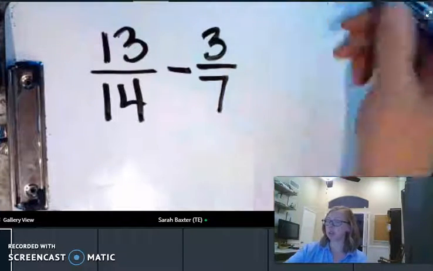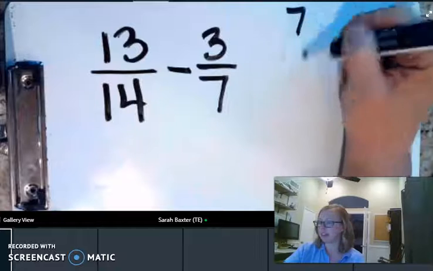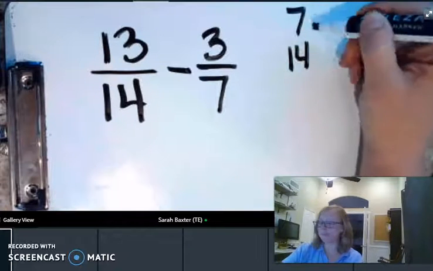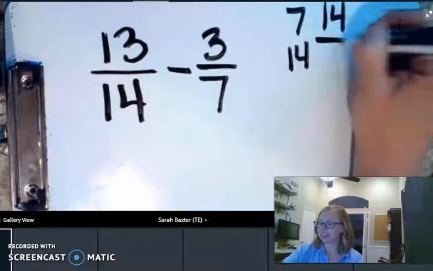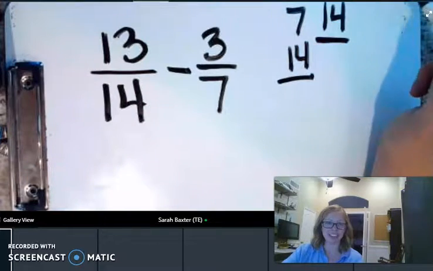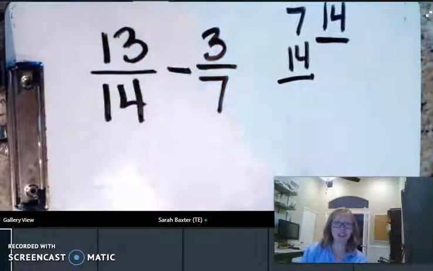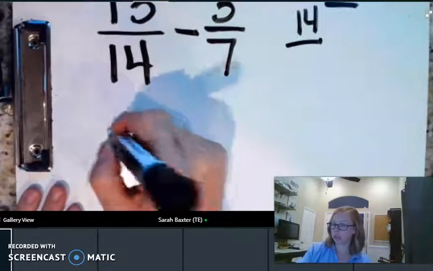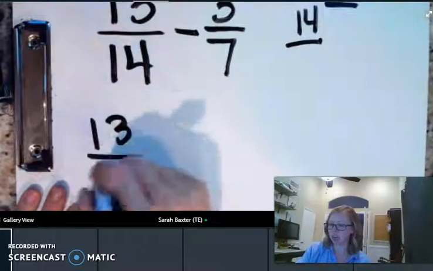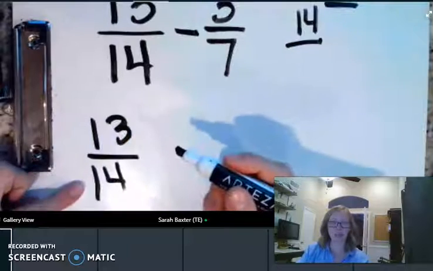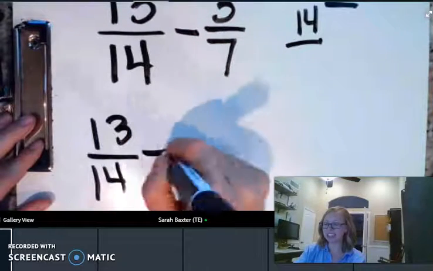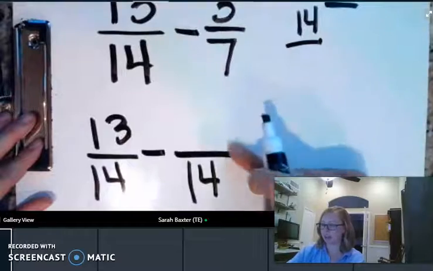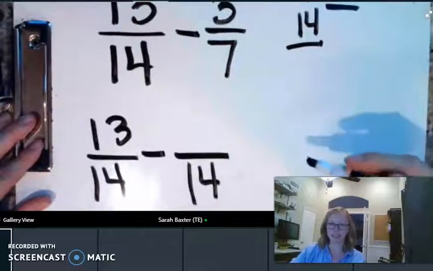I'm going to think about my multiples of 7 and 14, and I remember that 7 times 2 equals 14. So I can use 14 as my new common denominator. So 13/14 is already set with the proper denominator. I just need to change my 3/7 to have a denominator that is 14.